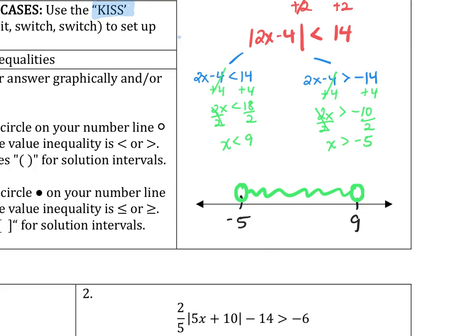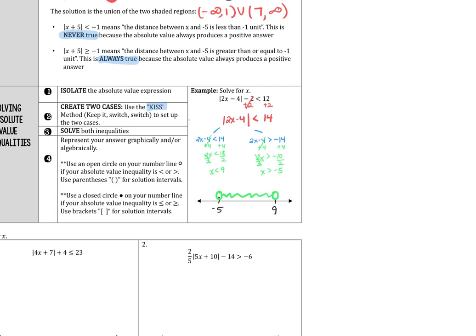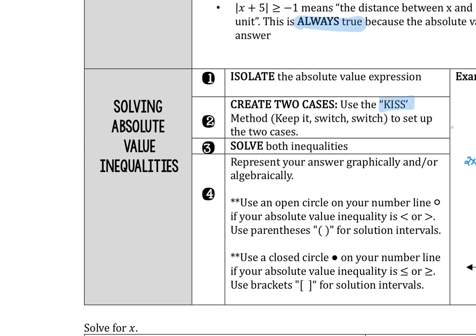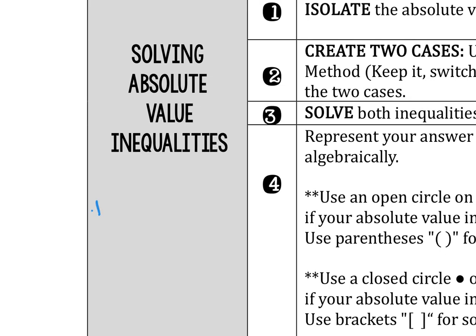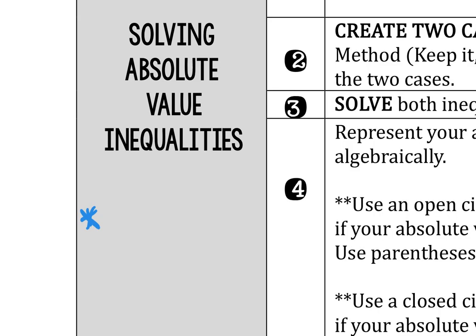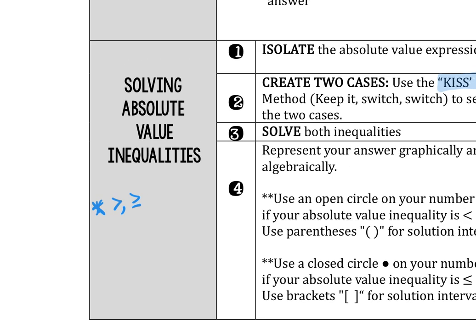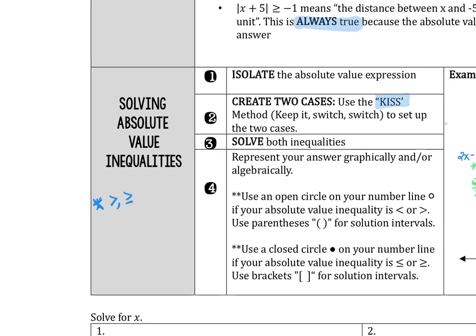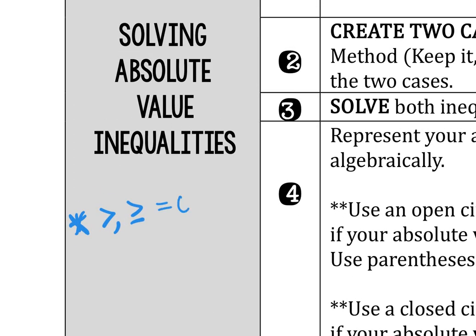Okay? So I didn't write this down, but I want you guys to add this to this little section. Because what I want you to recognize is that if you have a greater than or a greater than or equal to inequality sign, that's going to graph like an or compound inequality, which means when you graph them, they're going to graph apart.